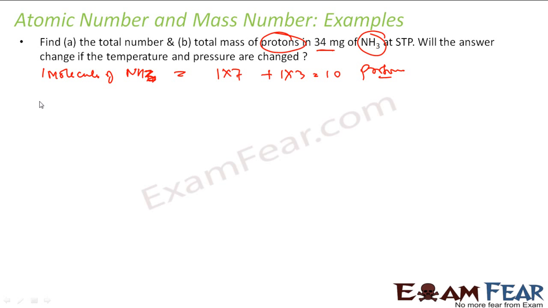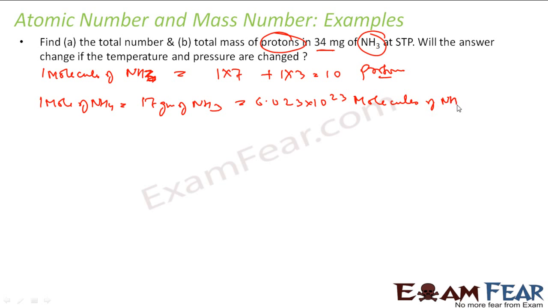Same formula we have: 1 mole of ammonia is equal to 17 grams of ammonia, which is equal to 6.023 into 10 to the power 23 molecules of ammonia. Why did I write molecules? Because it is NH3.